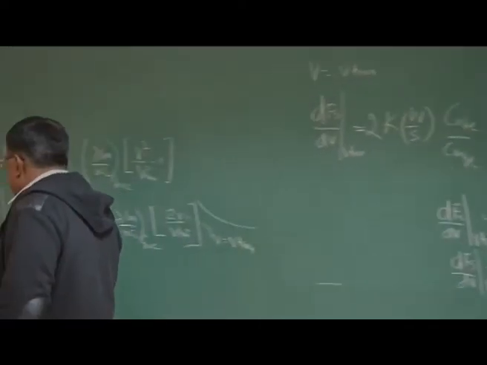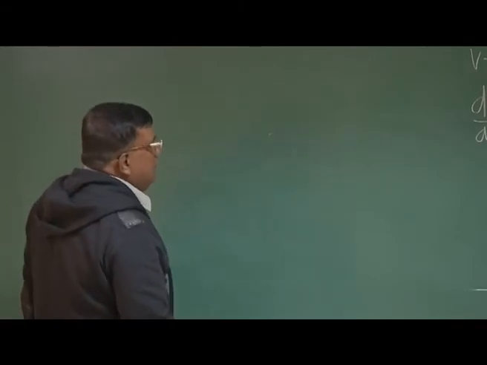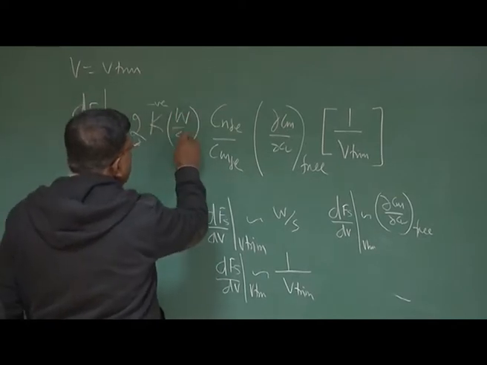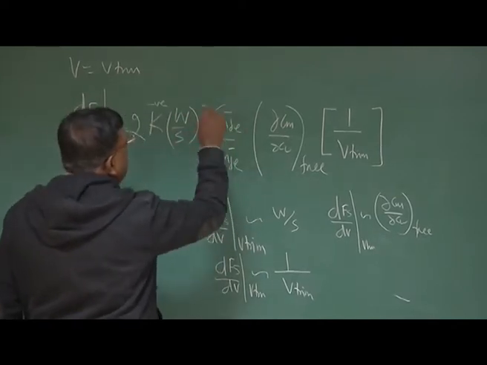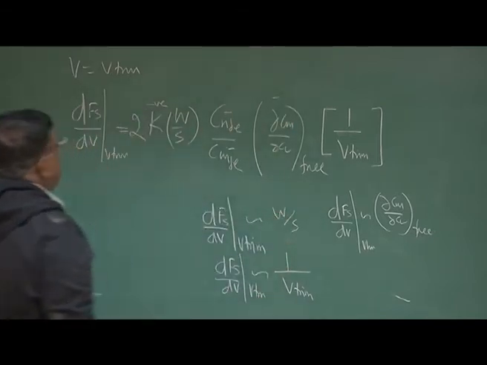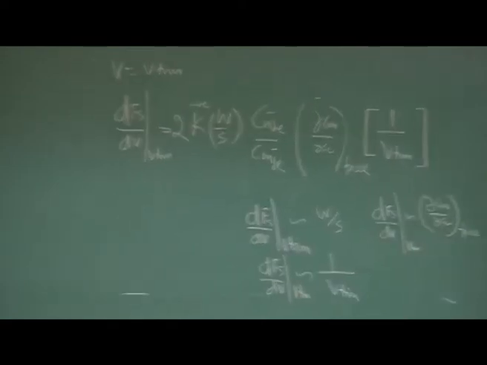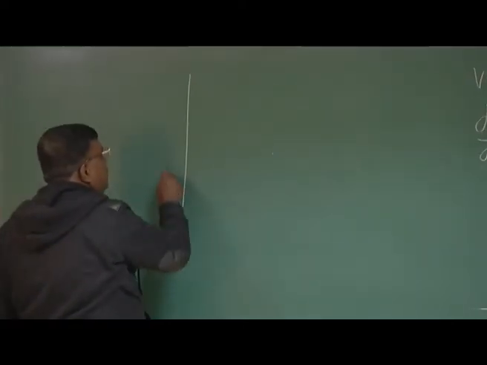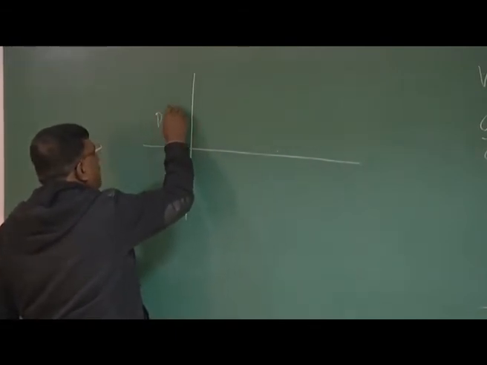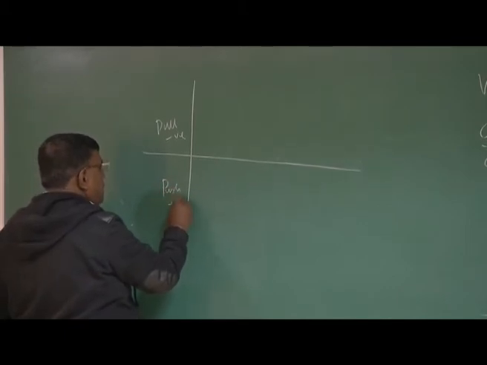Now if I just plot the Fs required by the pilot, before I plot, K I know is negative, this is positive, this is negative, this is negative, so this becomes positive, this is negative. So total dFs by dV at V trim sign is positive, but we have taken push force as positive, but while plotting we are putting pull here, which is negative, and push here positive.